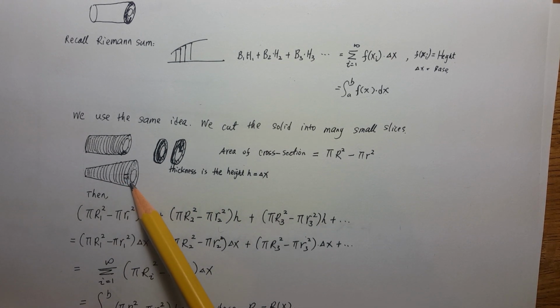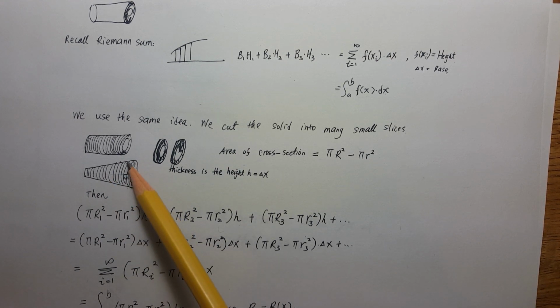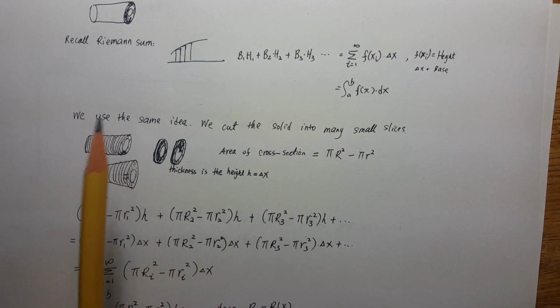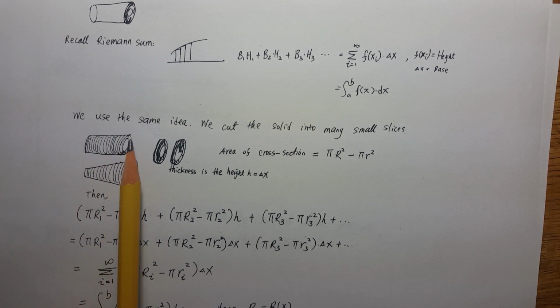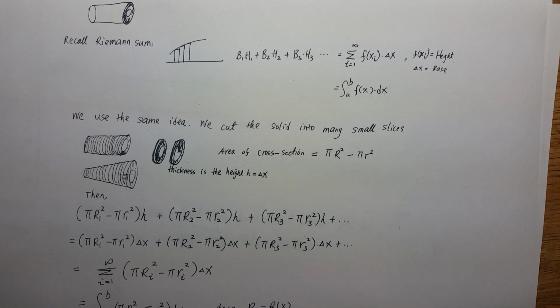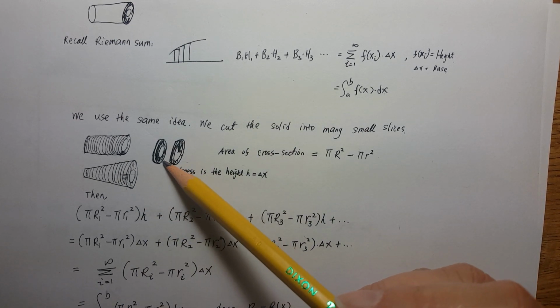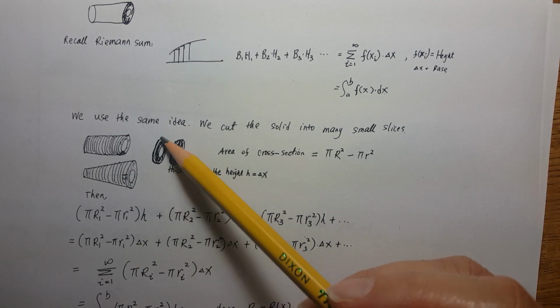So this is the solid that you see. I did not draw it very well. Now imagine that you slice this solid many times. You are going to have many small slices. Each slice will look like this. They're very thin. Imagine a slice of carrot.